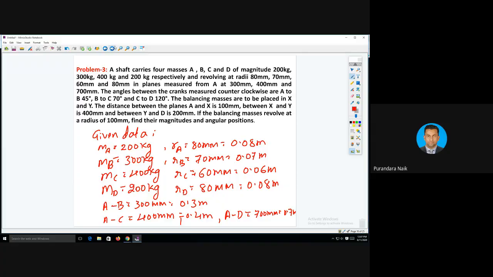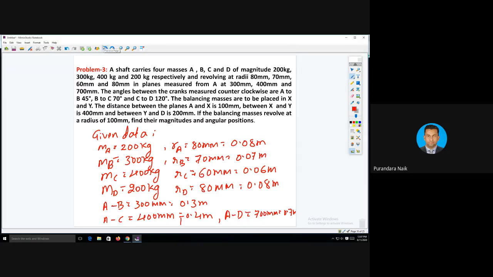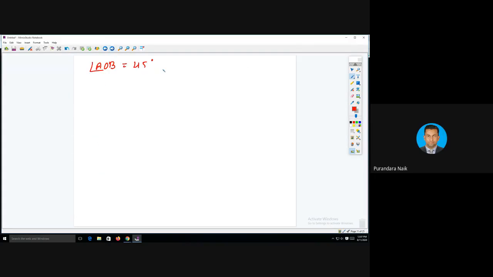The angle between the cranks measured counterclockwise: angle between A and B is equal to 45 degrees. So that is the first one, 45 degrees. B to C is 70 degrees.